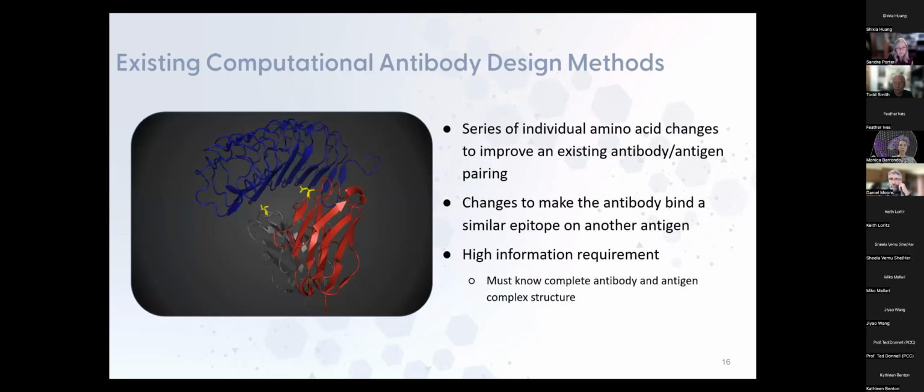An existing, or non-de novo, method would take an existing antibody, make a series of individual amino acid mutations, see how that changes the interaction energy, and then focus on just improving or changing an existing antibody.